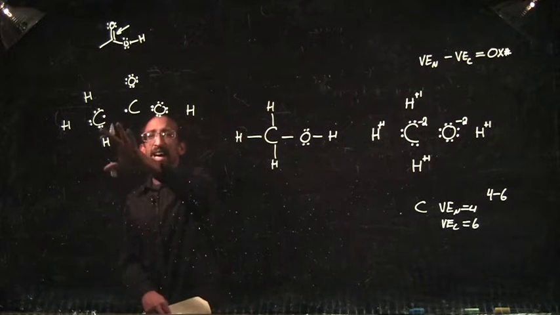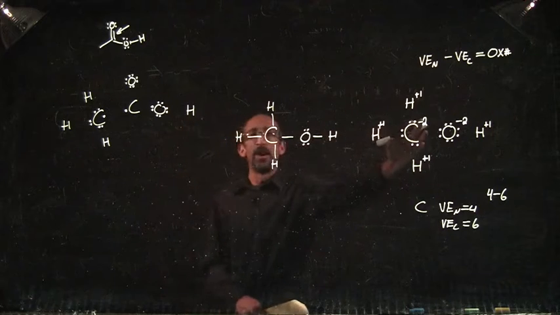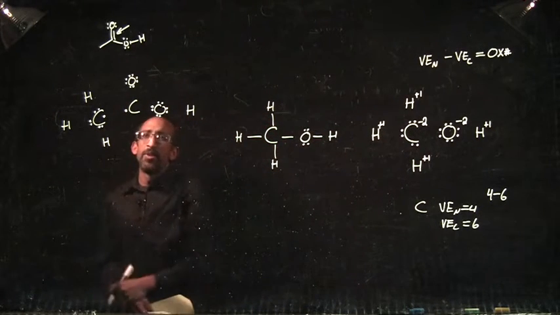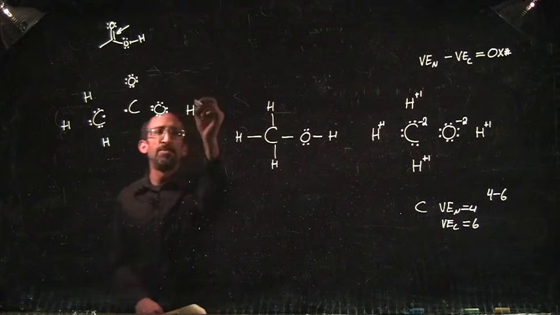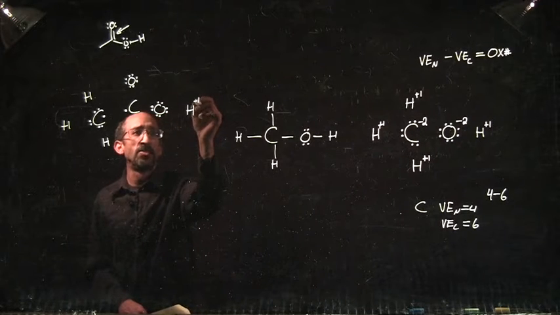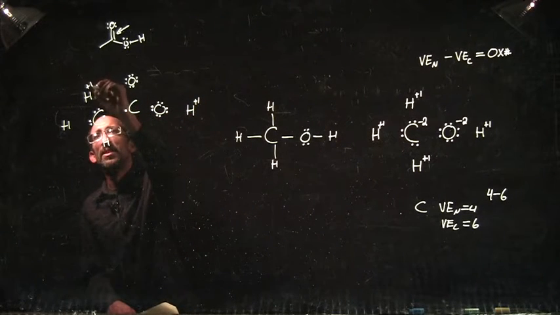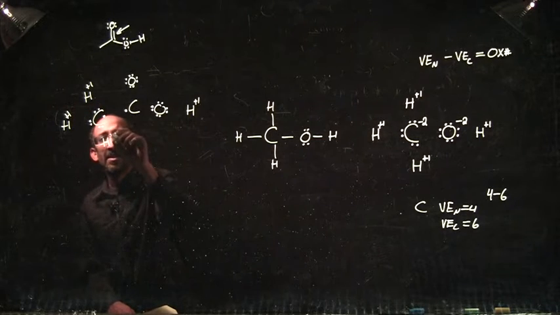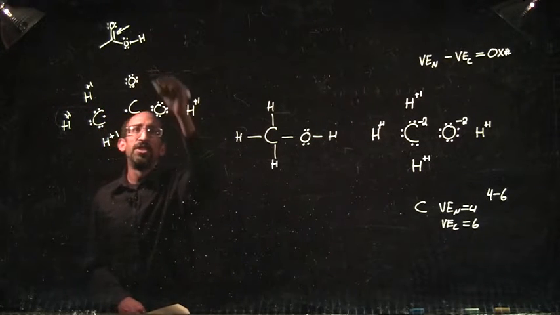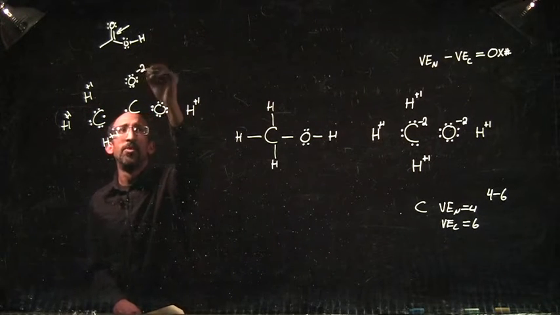So now we can see that in acetic acid versus in methanol, our carbons have a different number of electrons. Hydrogen's the same situation as we saw in methanol, so those are all going to be +1. Our oxygens are the same situation. Those are both going to be -2.